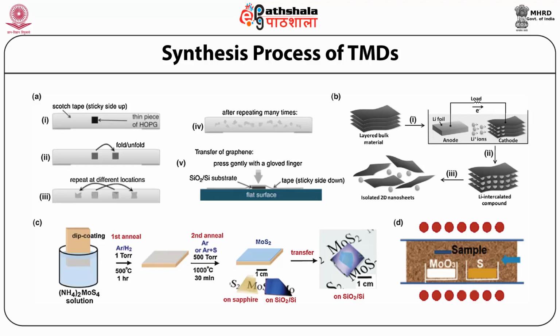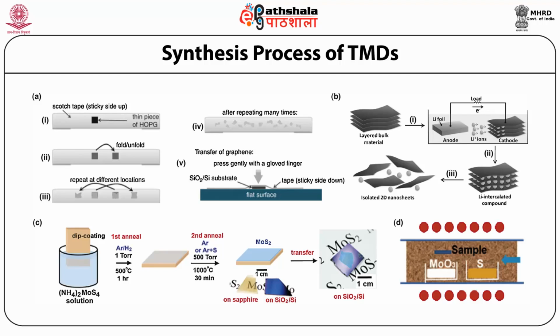Various synthesis processes for obtaining mono and few layer TMDs are shown in the figure, starting with mechanical exfoliation, which is figure A, the most efficient way to produce the cleanest, highly crystalline and atomically thin nanosheets of layered material.